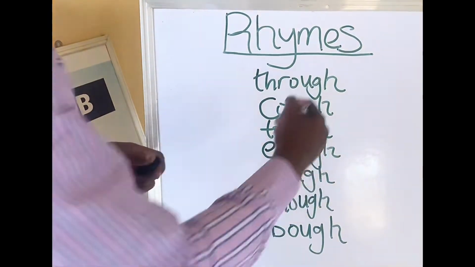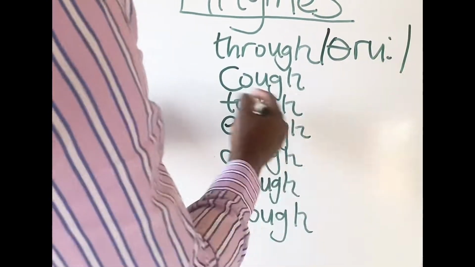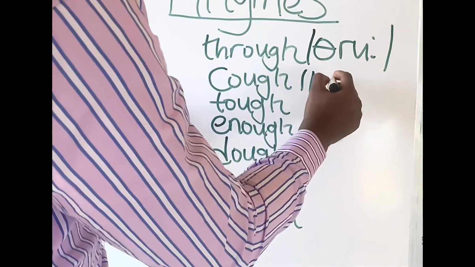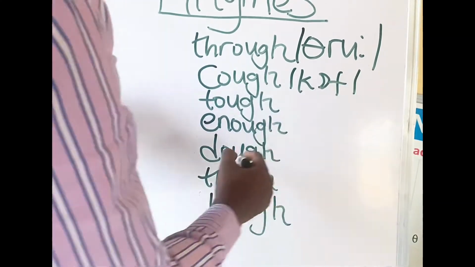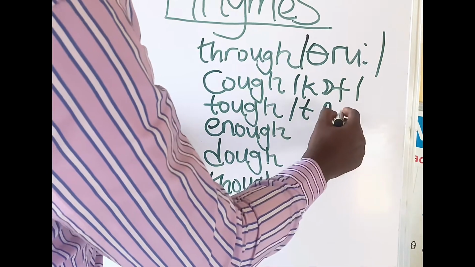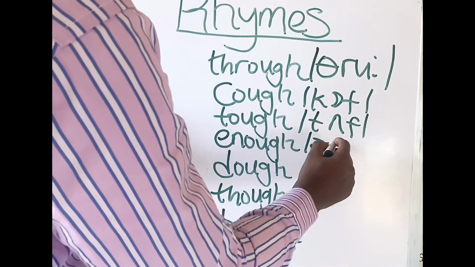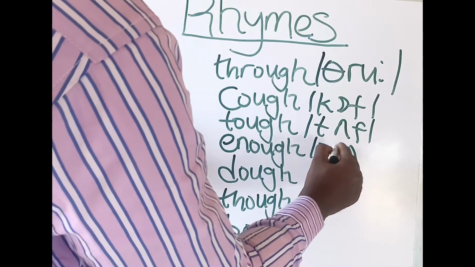So the first one is pronounced as through. The second one, cough. The third one, tough. Number 4, we have enough.